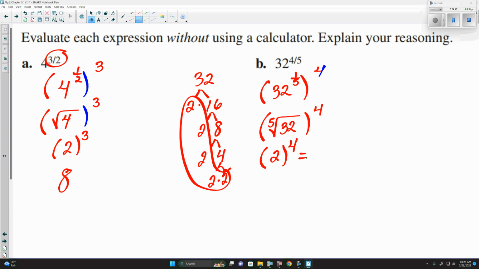And 2 to the 4th would be what? So the 32 to the 4/5 is 16. Questions on this here?